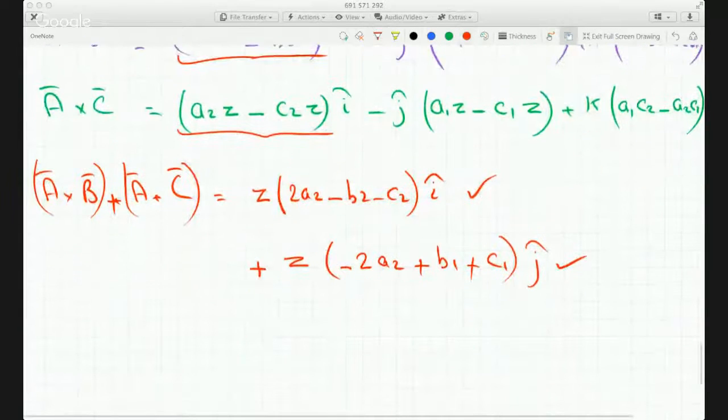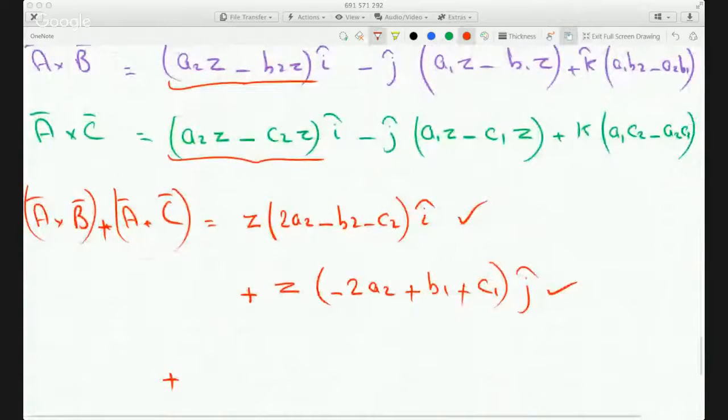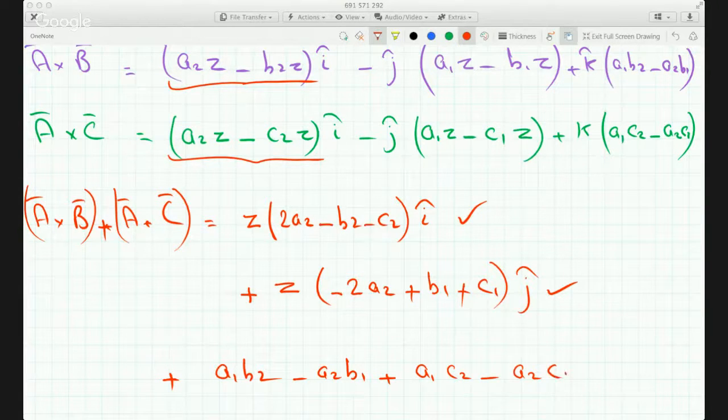Let's go to the third one. Plus. So now k. So we have a1b2 minus a2b1 plus a1. So I'm adding the two z components. a1c2 minus a2c1.